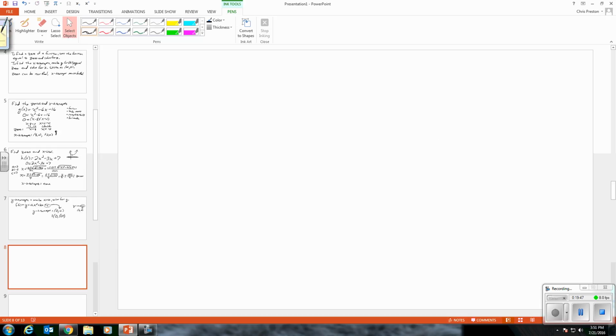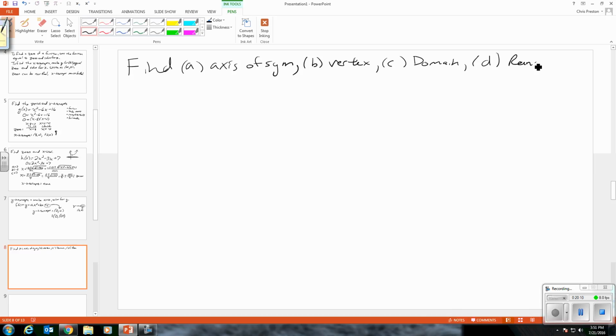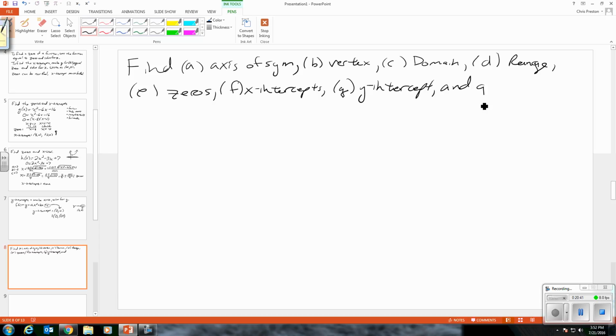So find: A, the axis of symmetry; B, the vertex; C, domain; D, range; E, zeros; F, x-intercepts; G, y-intercept; and then graph.